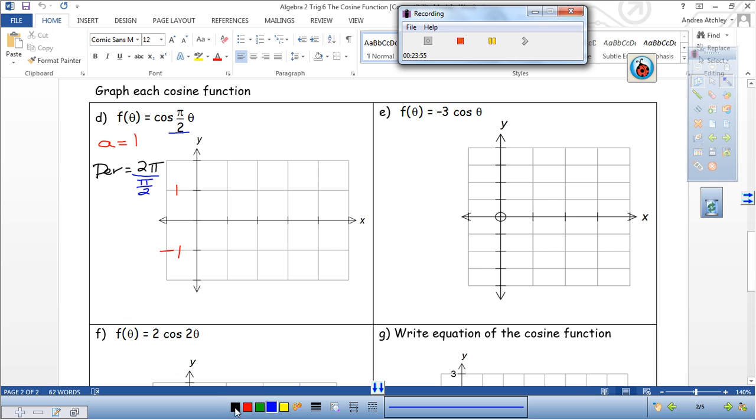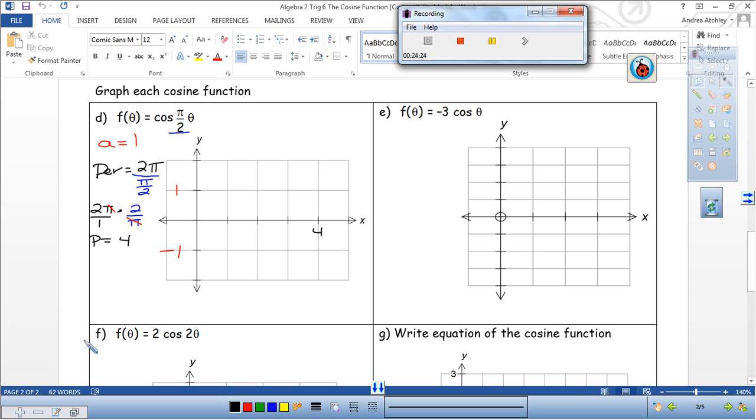So I'm going to get 2 pi times 2 over pi, which is 4. Here again, I have 4 spaces in between the 0 and 4.